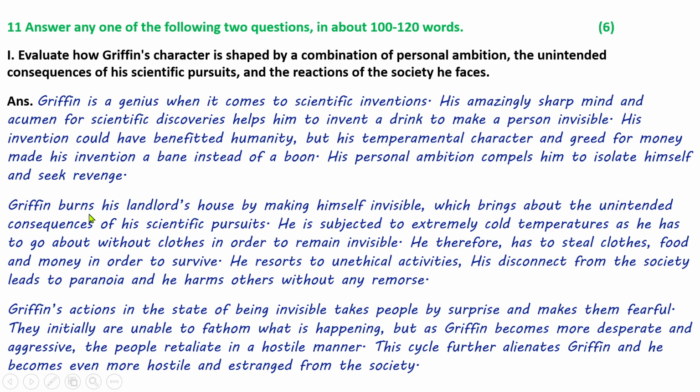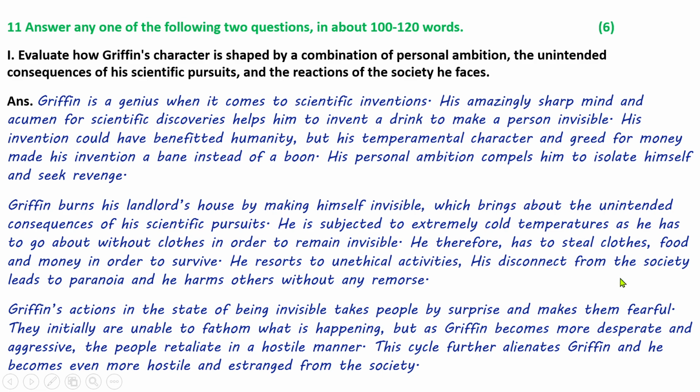Griffin burns his landlord's house by making himself invisible, which brings about the unintended consequences of his scientific pursuits. He is subjected to extremely cold temperatures and he has to go about without clothes in order to remain invisible. He therefore has to steal clothes, food, and money in order to survive. He resorts to unethical activities.